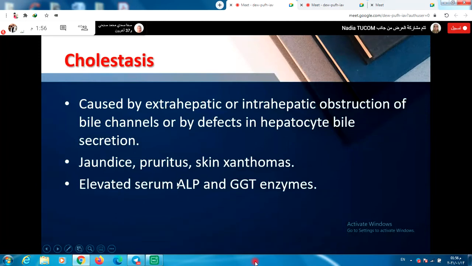Serum elevated. Look, we said here alkaline phosphatase and gamma glutamyl transpeptidase enzymes. These are enzymes that indicate what? Alkaline phosphatase, and especially gamma glutamyl transpeptidase. Before, we mentioned ALT, alanine transaminase, and AST, aspartate transaminase, are indicators of hepatocellular injury.